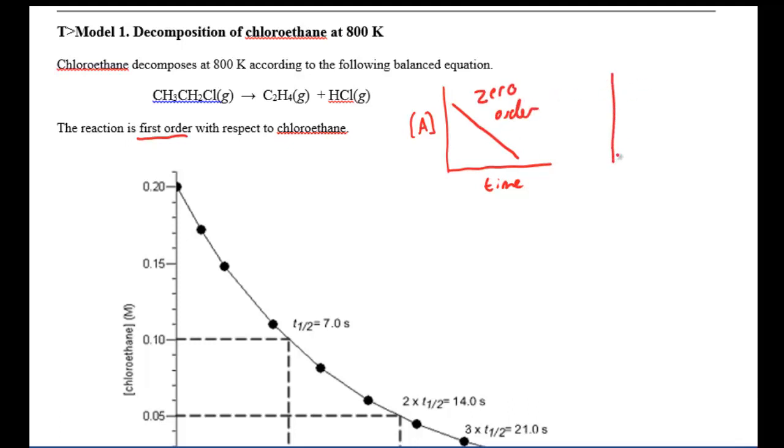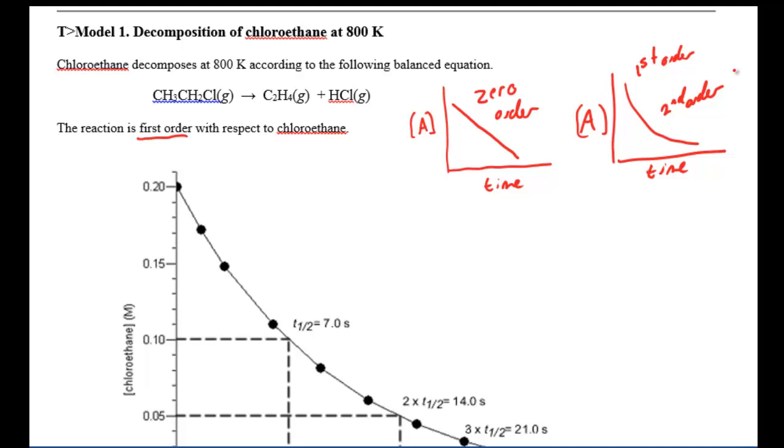However, if you monitor the concentration of A, some reactant, as a function of time, and if you get a curved line such as this, similar to the graph that's actually shown on this page, then you suspect that you either have a first order reaction or a second order. And so you'd need additional information to distinguish between these two. In this particular case, of course, we have a first order reaction.